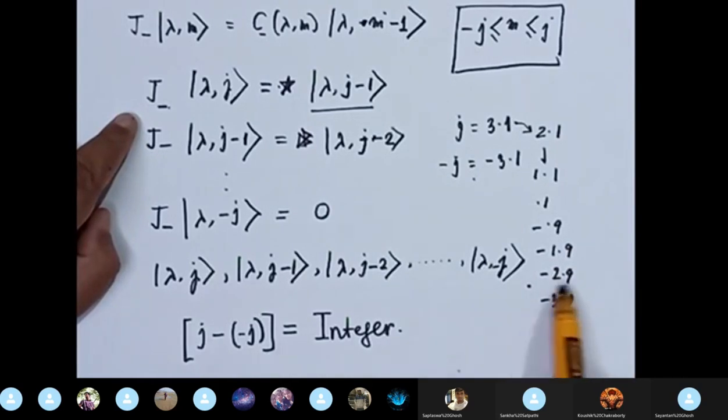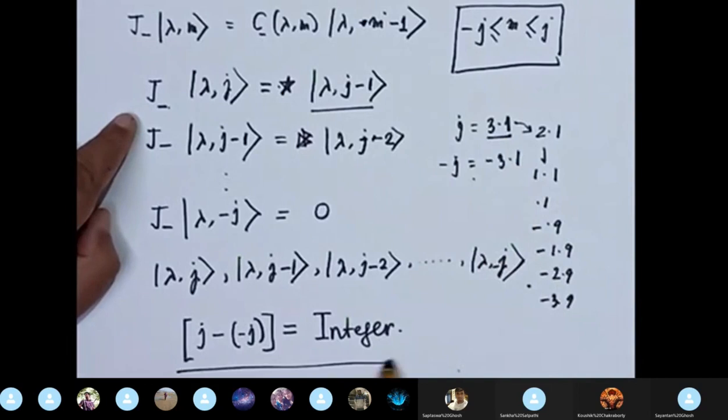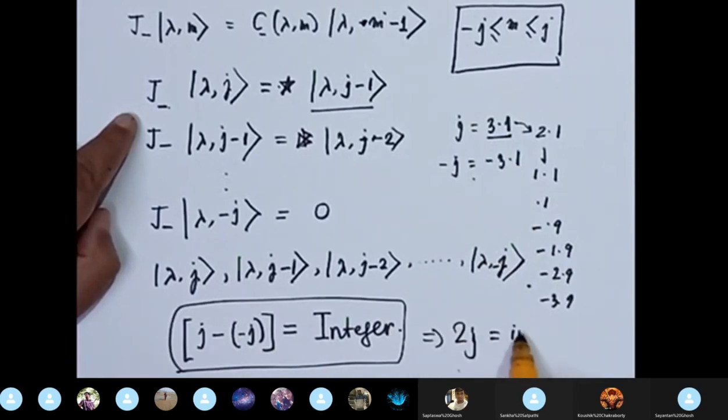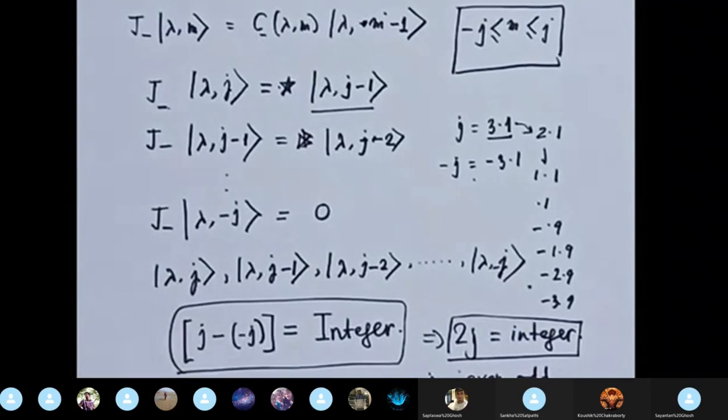But minus 3.1 will never be reached. Clear? So J cannot have any value. J's value is constrained by this condition. The condition is 2J has to be an integer, or J can be an integer by 2. That means it is either integer or half integer. Clear? Is it clear? Yes, sir.